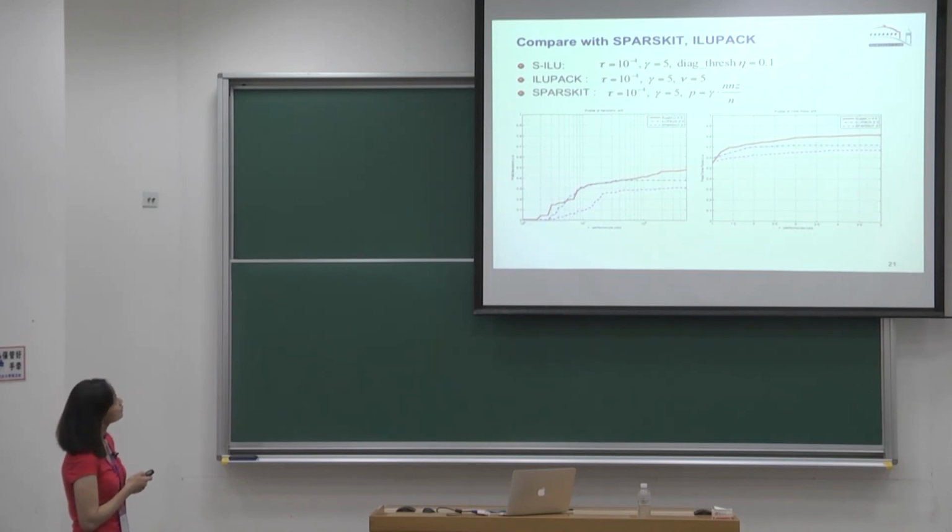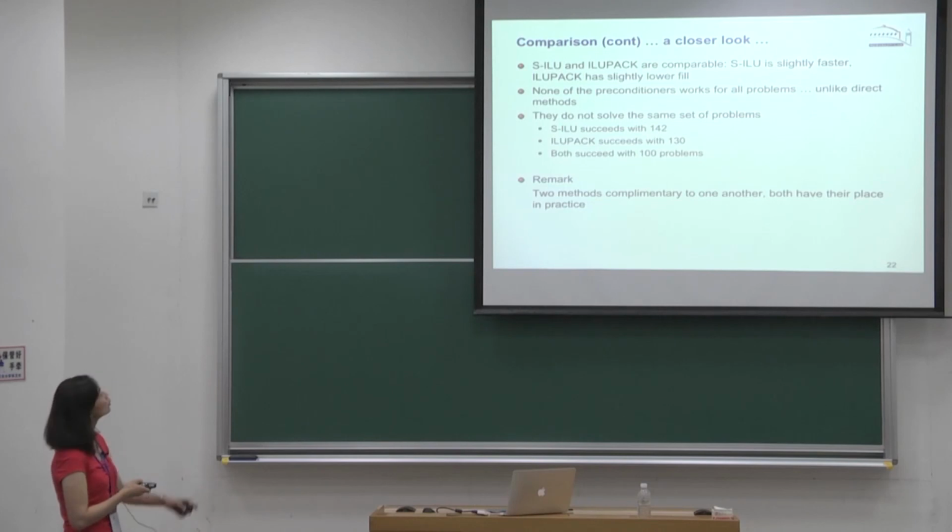Then you can see that our new supernodal version is always competitive with ILUPACK and slightly better time-wise. And both of these are better than the column-wise SPARSKIT, both in fill ratio and time. Okay, so it's very good.